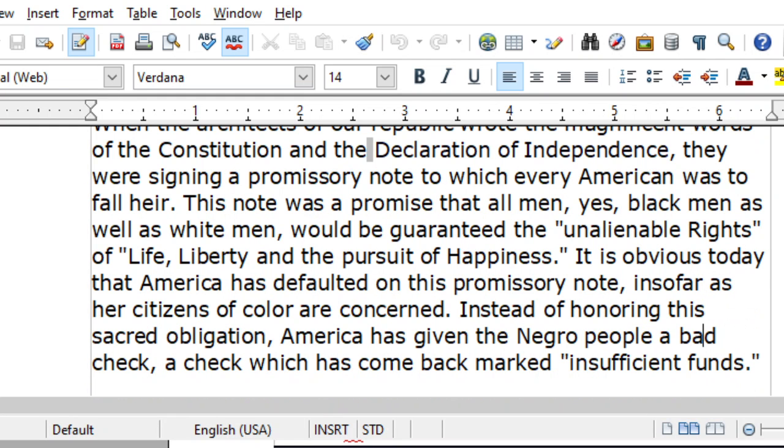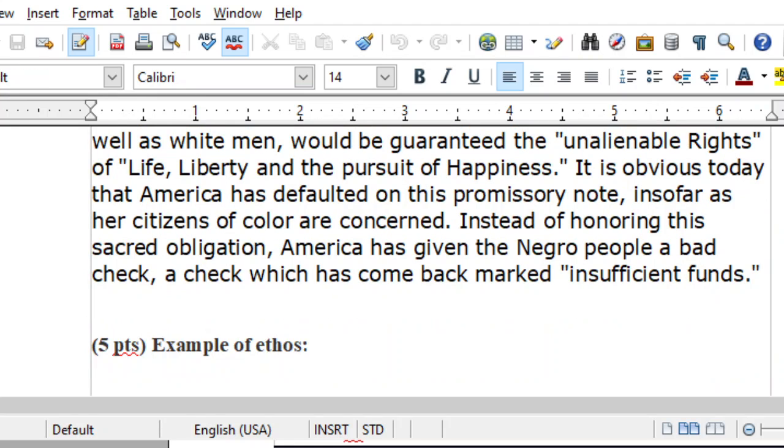Remember, ethos is when someone is giving a speech, they will use ethos to give themselves credibility, or they will use ethos to get you to believe that they are trustworthy, that they are reliable, that what they are saying, you should believe because they make mention of other people or other organizations that believe what they believe.